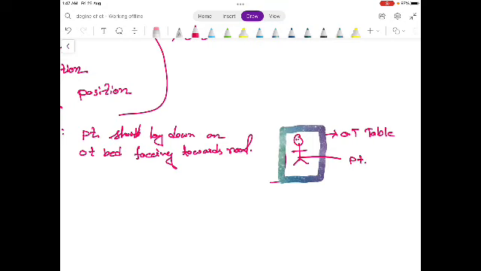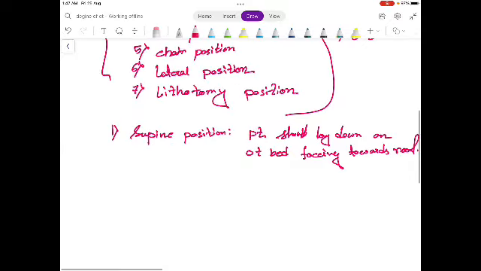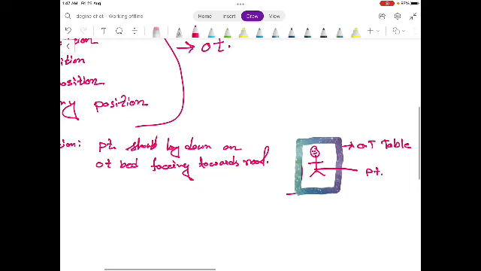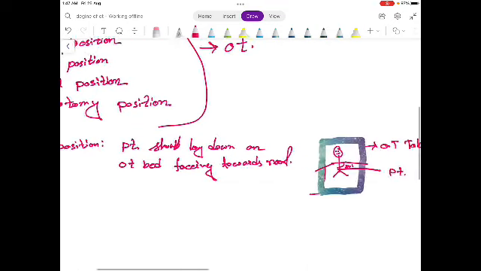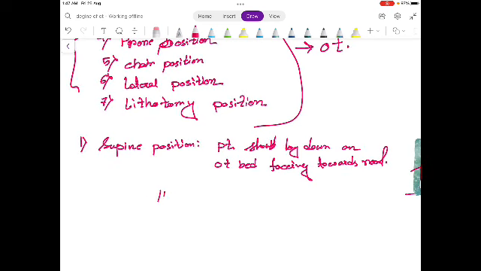So he is facing towards the roof, then it is called the supine position, and the hand remains at an angle of 70 degrees.